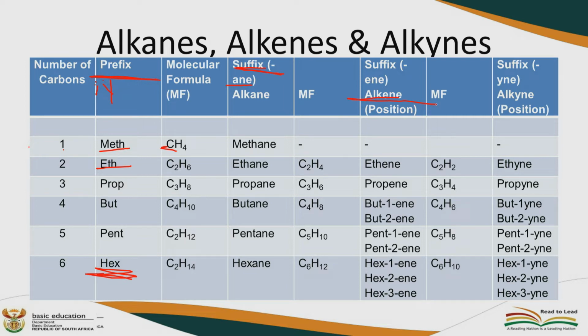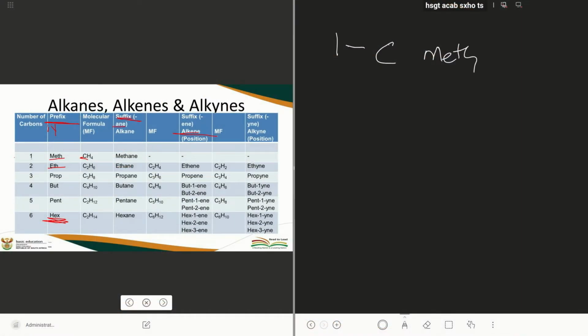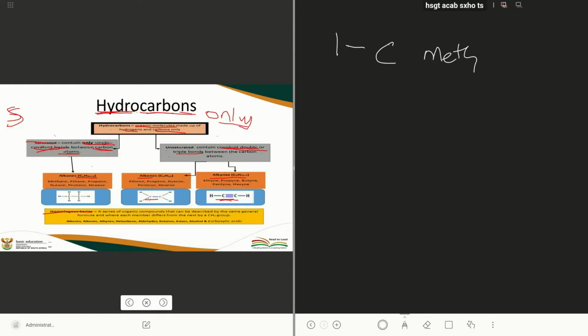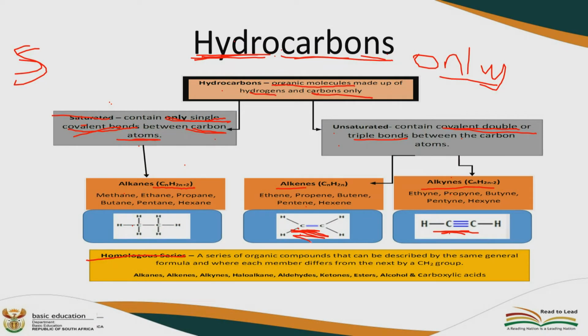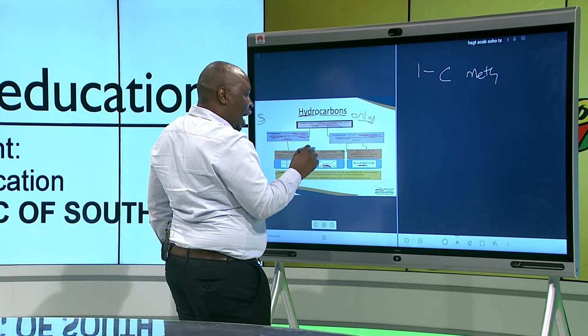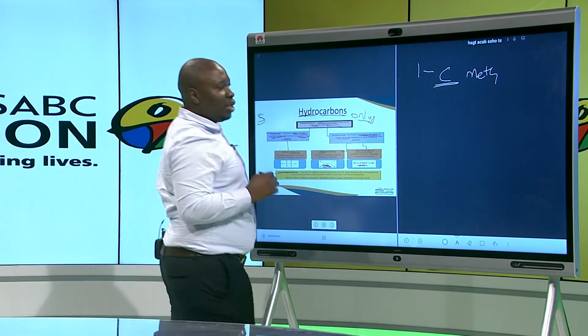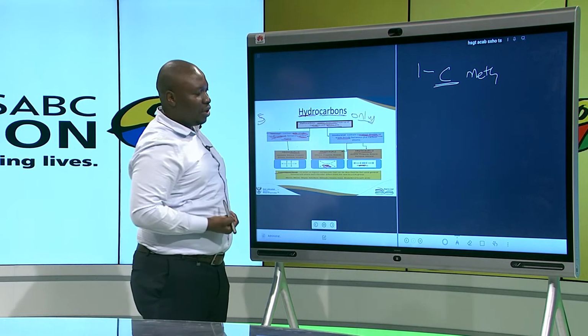On this slide, we said alkenes have a carbon-carbon double bond. So you need 2 carbons to have a double bond because the double bond must be between 2 carbons. So you can't have an alkene with 1 carbon because you need a minimum of 2 carbons to have an alkene.